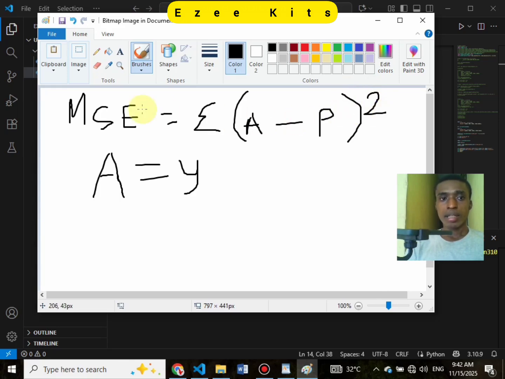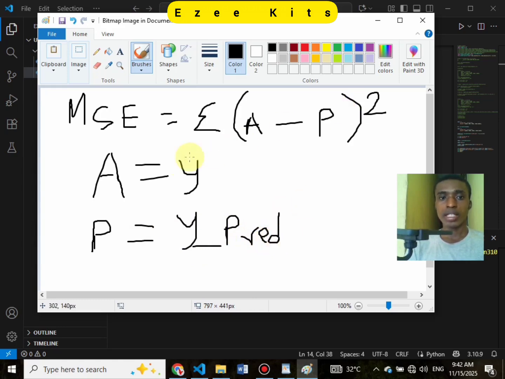Yeah, this is the mean squared error. The predicted from our linear regression that we did is going to be our y pred.